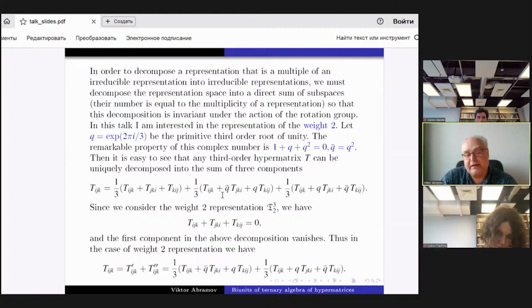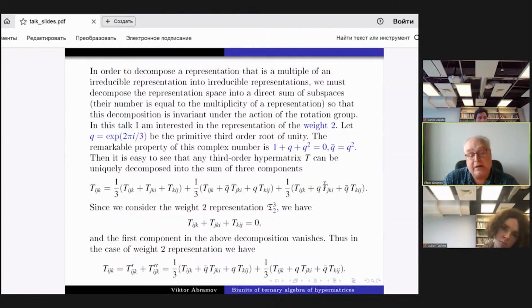Here is the sum of cyclic permutations multiplied by conjugate q, conjugate q, and vice versa by q and q conjugate. So now if I take the sum of these components, these 3 give me t_ijk, this and this 0, this and this 0. So I get t_ijk. So it's some kind of identity.